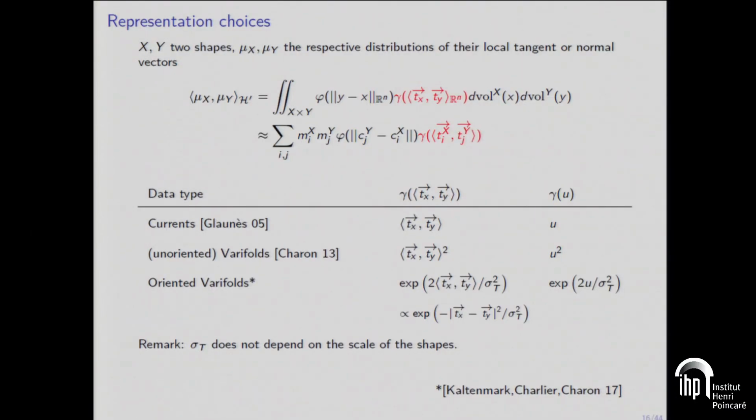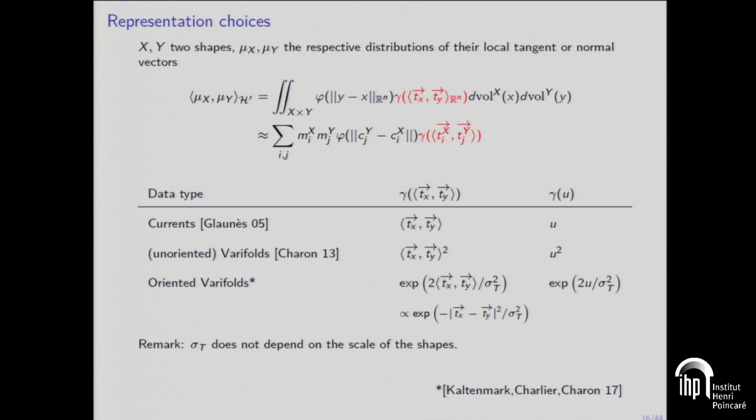So you just generalize now the scalar product for a complete shape. And you just have to integrate over x and y this expression. And that can be, again, discretized. So you have this very simple formula where you sum the product of the mass of each face, the filter of the Euclidean distance between every pair of centers, and the filter of every angle between the tangent vectors.